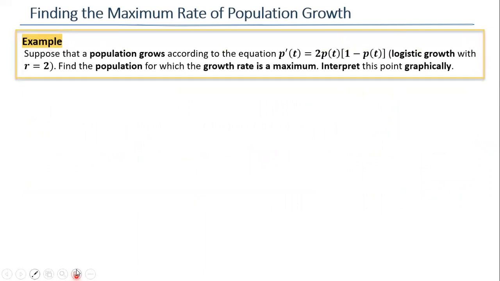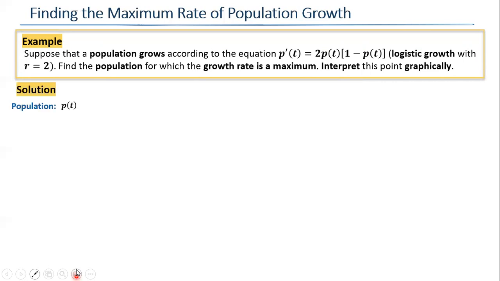For example, suppose that a population grows according to the equation P prime of T equals 2 P of T times 1 minus P of T, logistic growth with R equal to 2. Find the population for which the growth rate is a maximum. Interpret this point graphically. Two things.